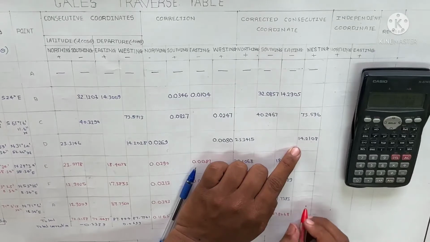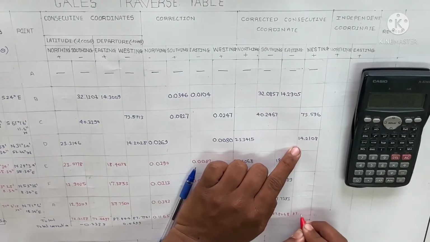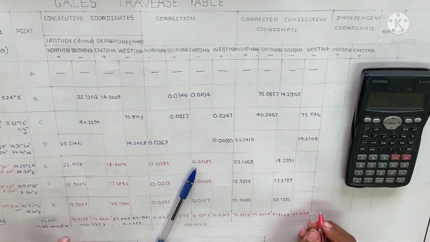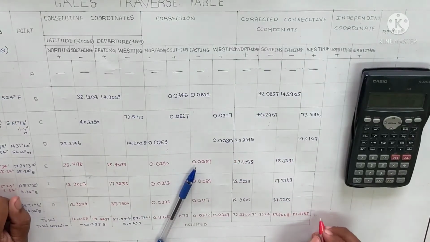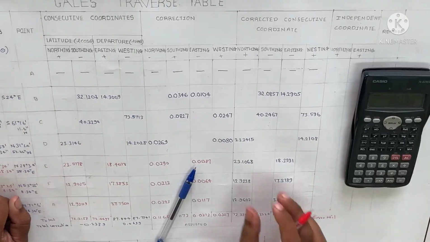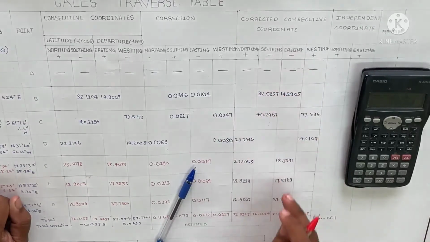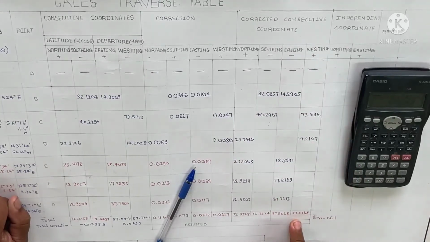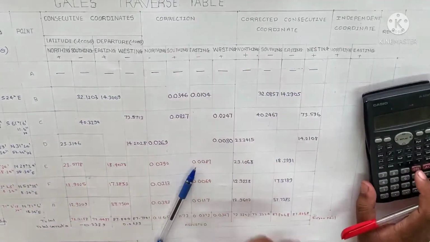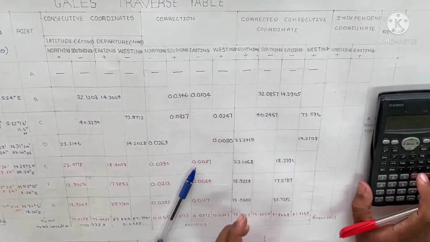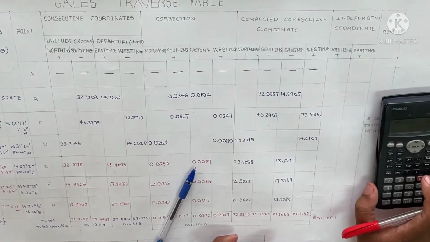Here you can see the summation of westing comes out the same, 87.8068, which means there is error nil. That is, summation of northing is equal to summation of southing, and summation of easting is equal to summation of westing. In this way we do the calculation of the corrected consecutive coordinates.